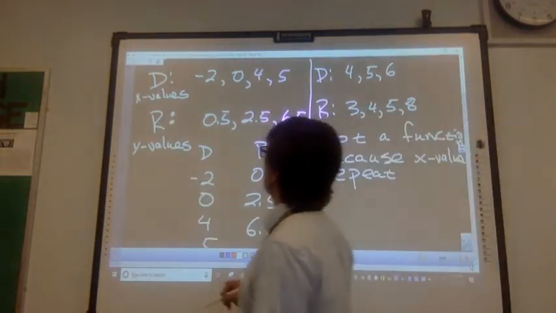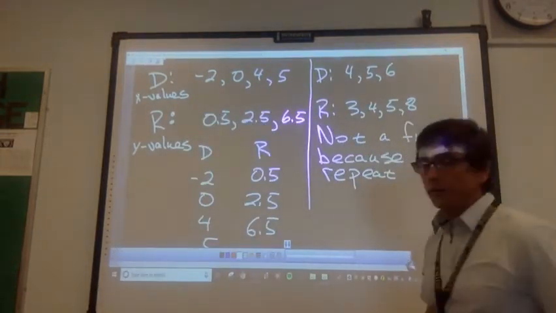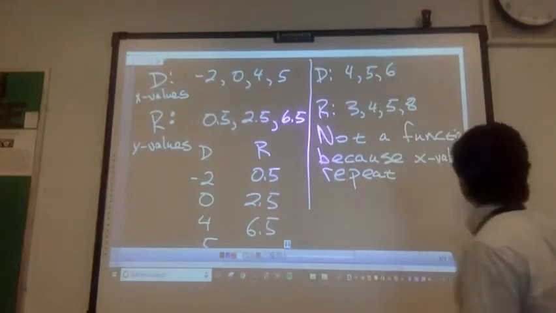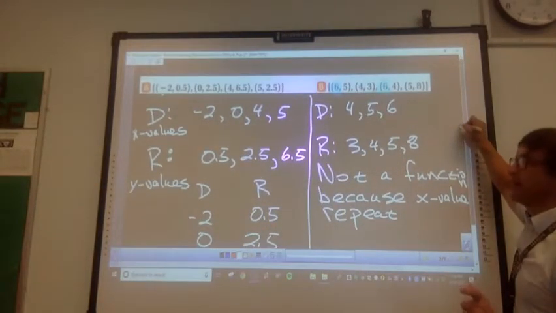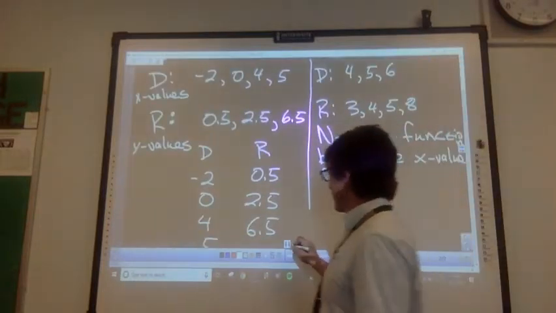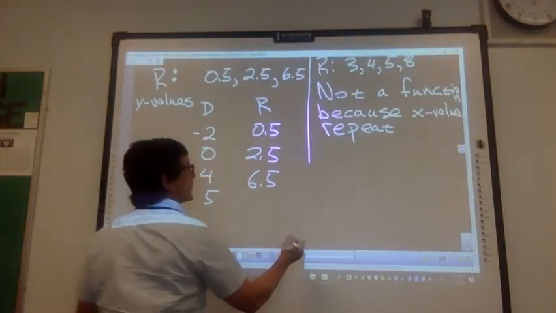So let's talk about our mapping diagram. So all we're doing with this mapping diagram is we're matching ordered pairs. So matching x values with the corresponding y value. So in a mapping diagram, we'll write that down.